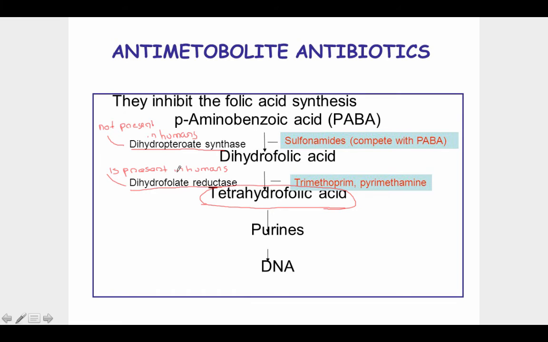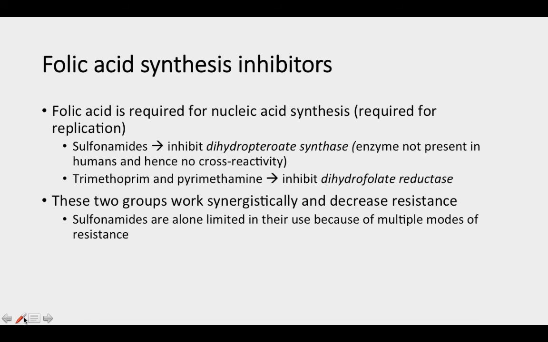Now, there's two main drugs that inhibit folic acid synthesis. The sulfonamides inhibit dihydropteroate synthase, and trimethoprim and pyrimethamine inhibit dihydrofolate reductase. Okay, so this is all this slide here says. Let's go over it slowly.